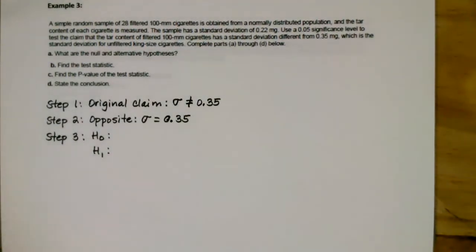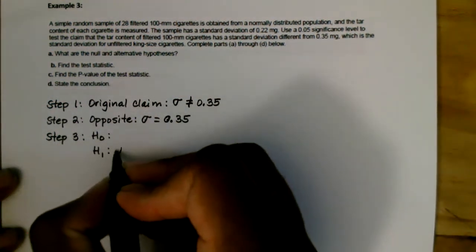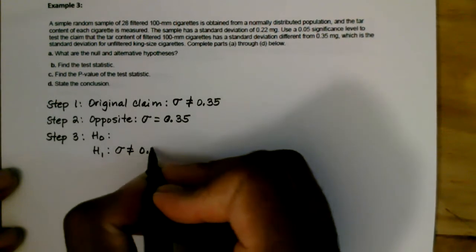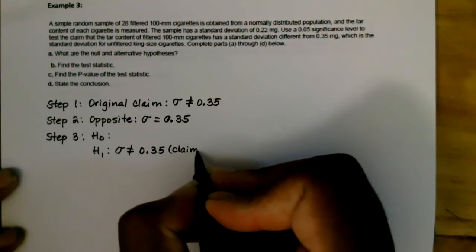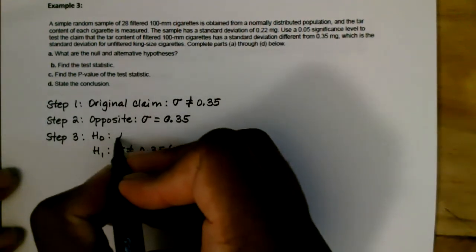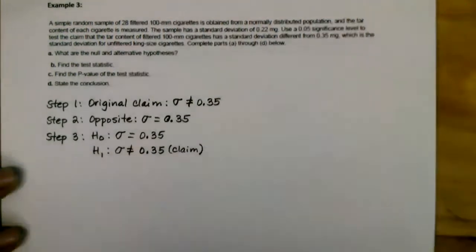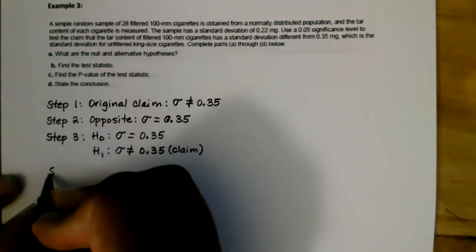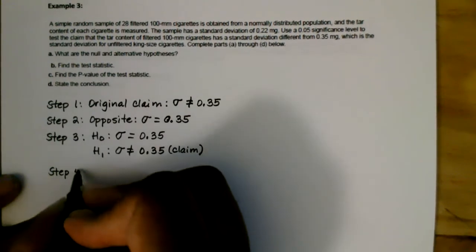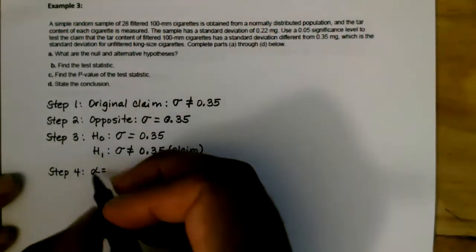Well, if it's not equal to, it must be the alternative hypothesis. So that sigma not equal to 0.35 is the alternative hypothesis. Not only that, it is also the claim. And sigma equal to 0.35 has to be the null hypothesis, because the null hypothesis always has the equal to sign no matter what. And then step number 4, the level of significance. In this case, we're to use a 0.05 significance level.